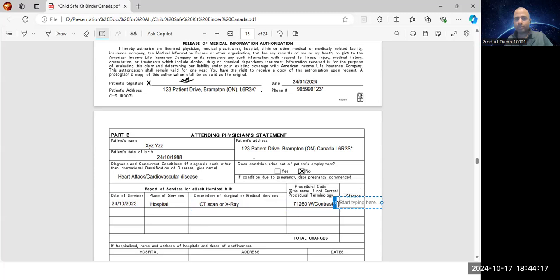Charges: these are the invoices and receipts, so whatever shows up on the invoices. Let's say this is $1,000 altogether.